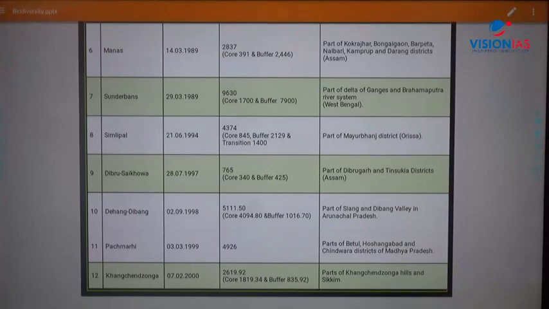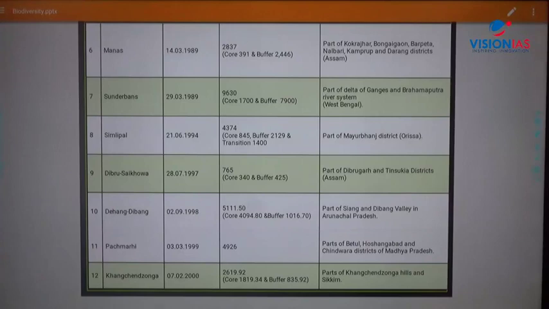It includes parts of the delta of Ganga, Brahmaputra and Meghna. Write down Meghna also. Ganga, Brahmaputra and Meghna. This is the third one.